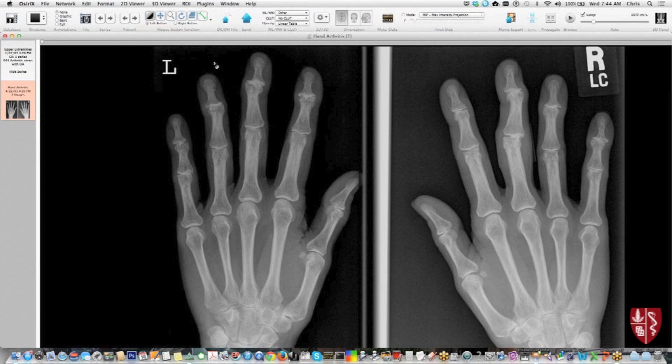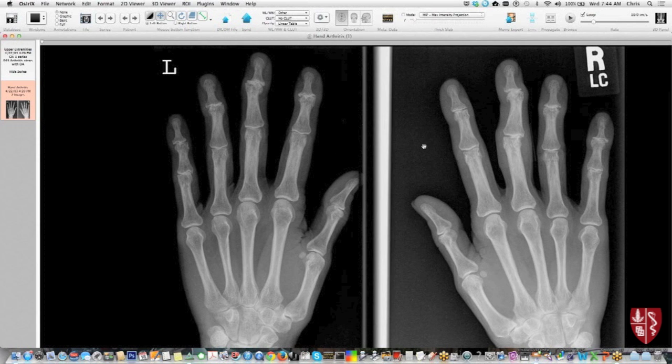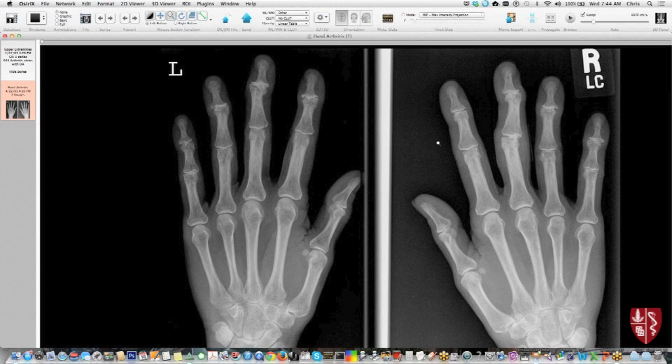The hands come through fairly frequently, and we tend to do a standardized exam where we do PA and ball catcher's views of both hands. The key thing here is to be systematic and look through each hand carefully for signs of symmetry, joint space narrowing, and different degrees of arthropathy.